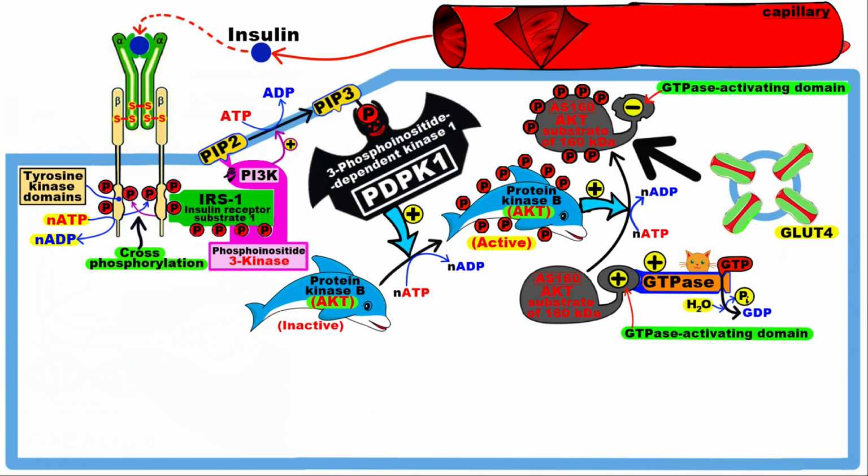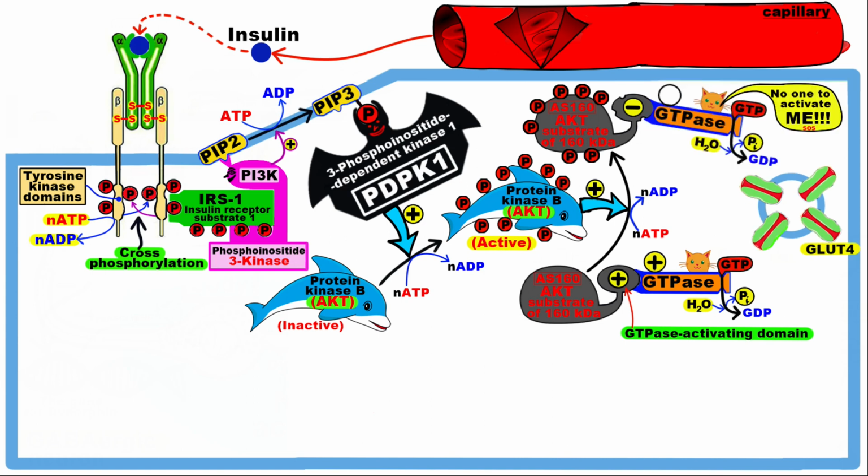Now let's look at the phosphorylated AS160 after the reaction. The GTPase activating domain is now inhibited, so there's no one around to activate the GTPase, which is located in the same place. If there's no one to activate it, that means the GTPase is also inhibited. As a consequence, GTP is not hydrolyzed to GDP.